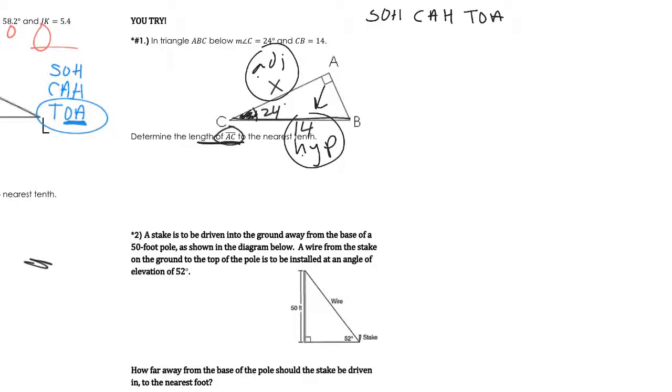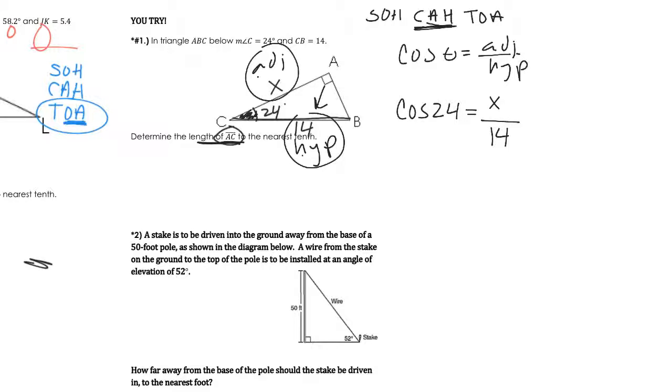The one with adjacent and hypotenuse is cosine. So cosine of my angle equals adjacent over hypotenuse. Now my angle is 24, so cos 24. The adjacent is x, the hypotenuse is 14.